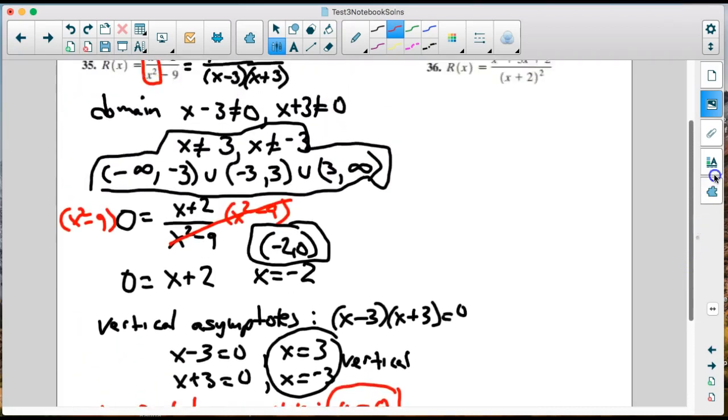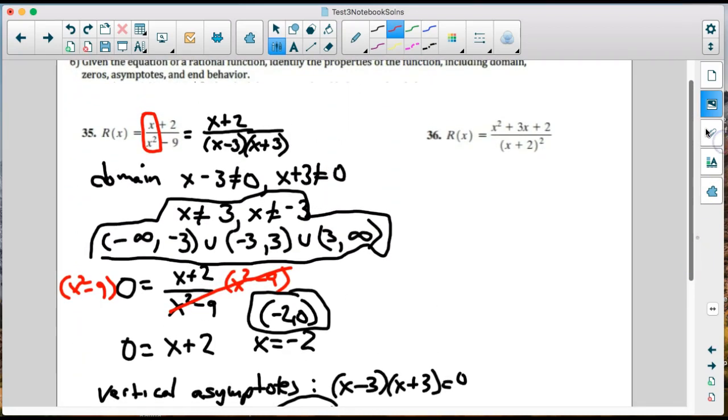We're going to find the same information here. I'm going to factor. The numerator factors into x plus 2 and x plus 1, and the denominator, already factored, is x plus 2 squared, which means x plus 2 and x plus 2.